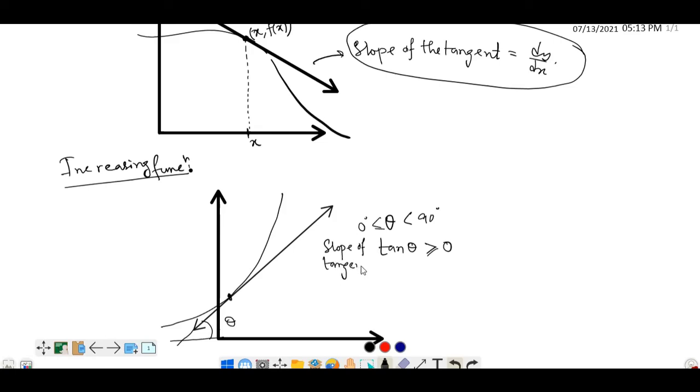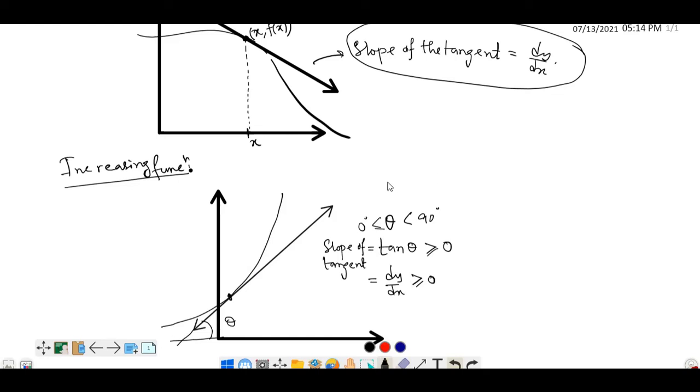Now this is the slope of the tangent, and already we have seen using the geometrical significance of the derivative that this is the value of the derivative, or the value of dy/dx. So dy/dx is greater than or equal to 0. This means the tangent to the curve has a positive slope.